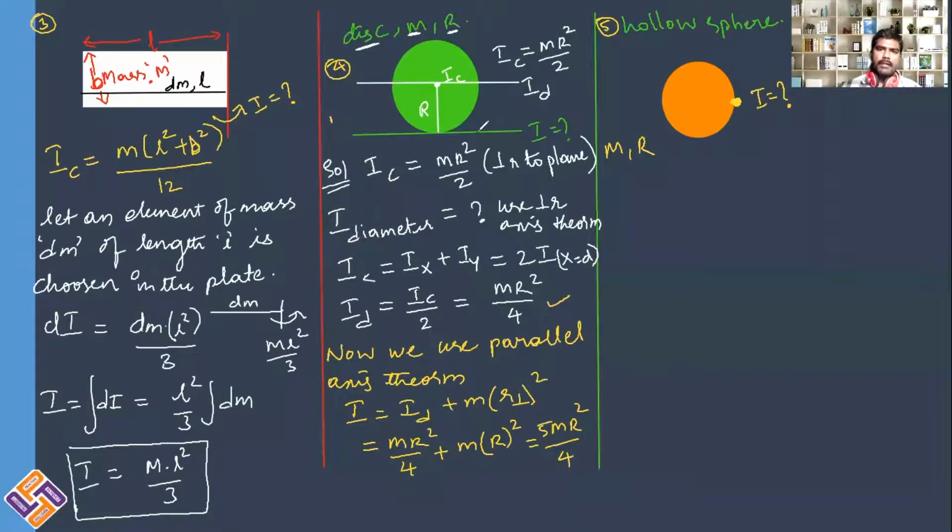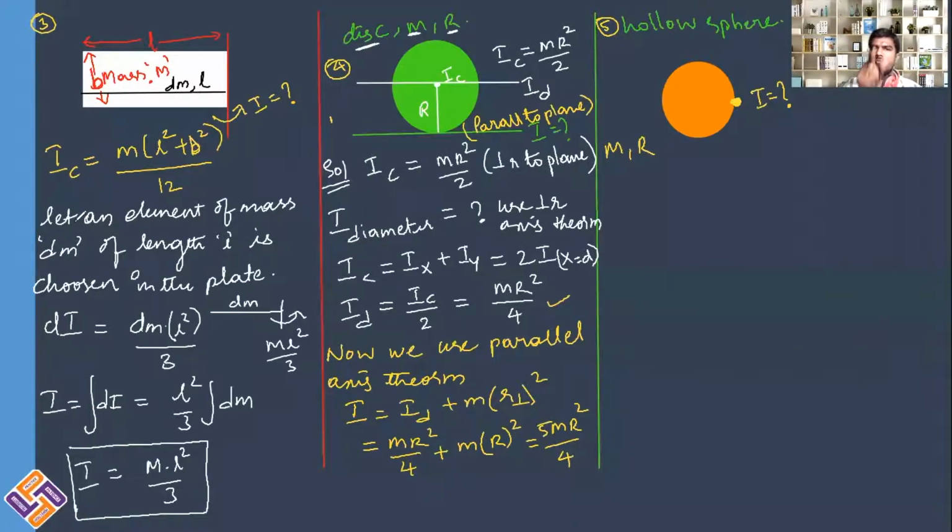Remember that this axis is parallel to the plane. So that is the way you can calculate moment of inertia. Sometimes you can use parallel axis theorem as well as perpendicular axis theorem in the same problem to find out moment of inertia, just like how we have done here. Directly we cannot find moment of inertia with respect to tangent for this disk.